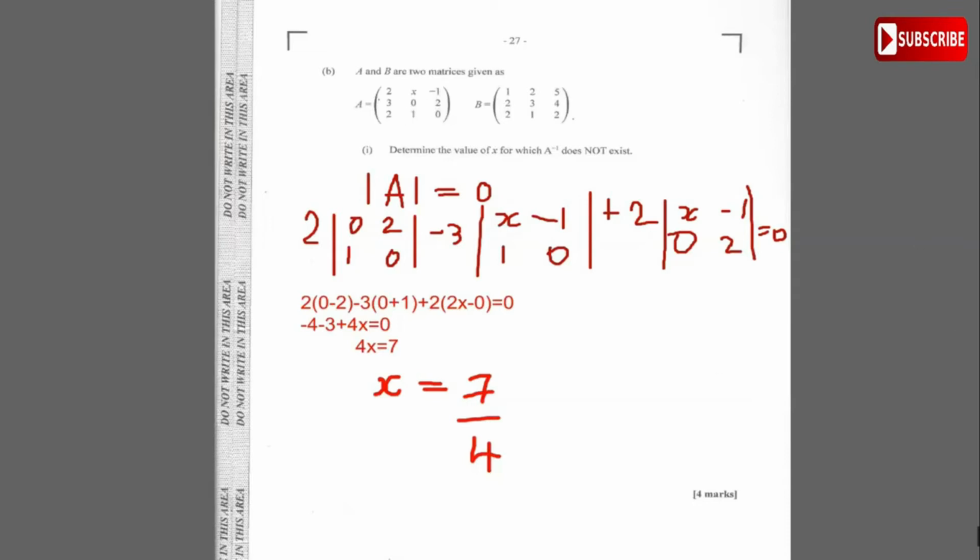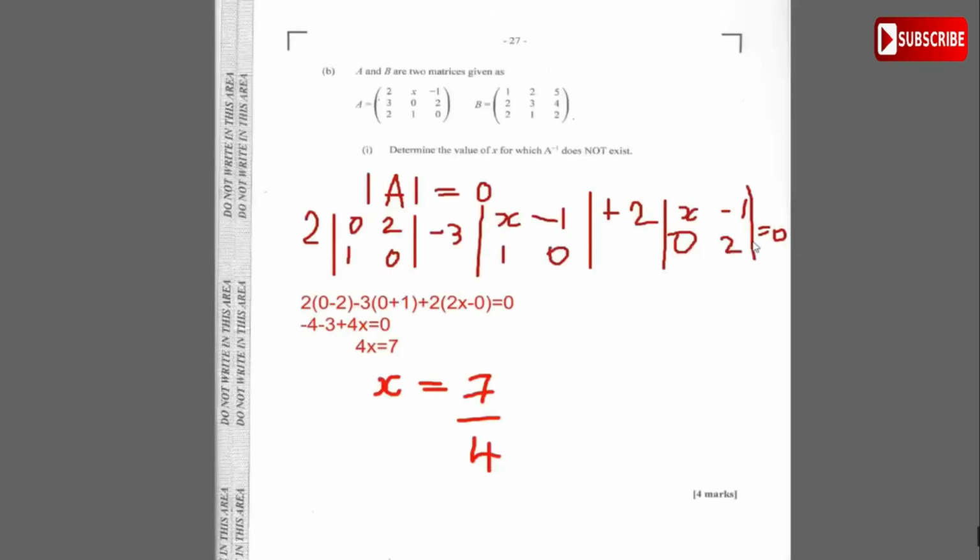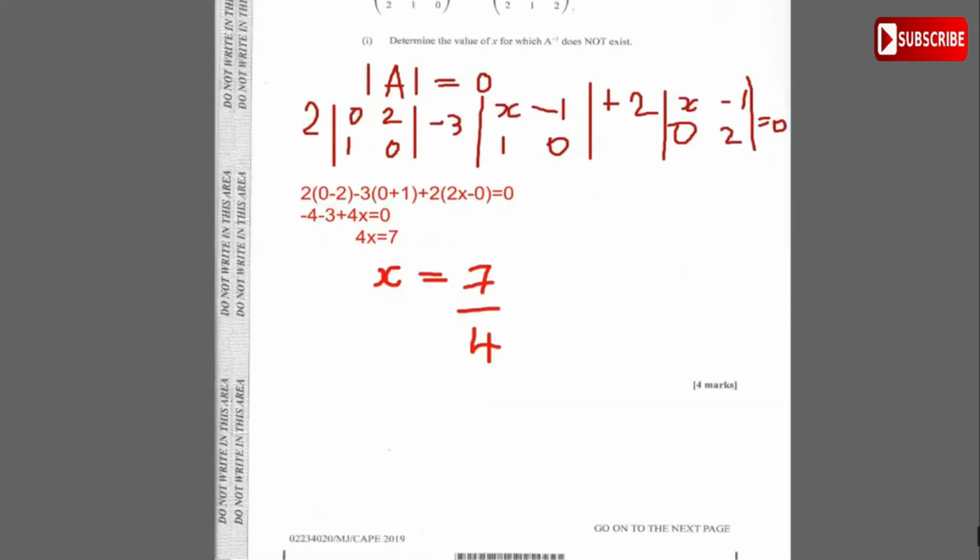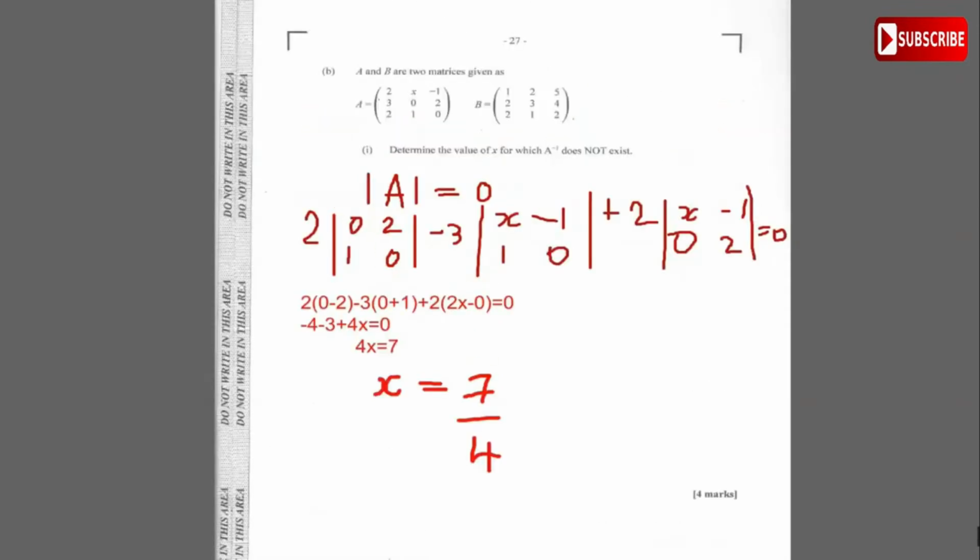Now it says, given that the determinant of AB is equal to minus 10, show that x is equal to 2. So first thing I'm going to do is work out the matrix A times B. Well, you don't even need to do that. The determinant of AB is telling us that the determinant of A times the determinant of B is minus 10.